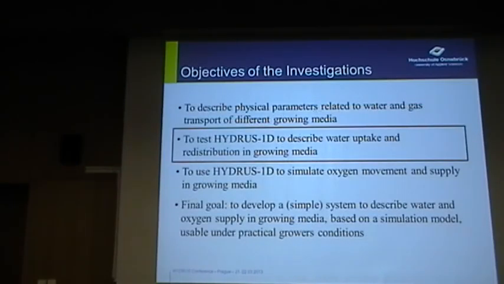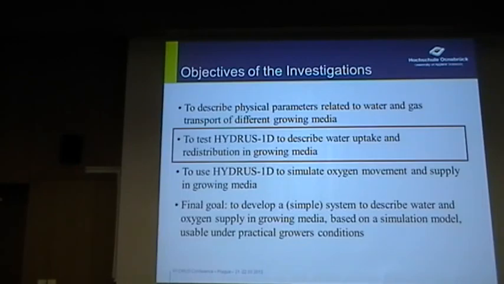Now, the objectives of our investigations in the last years were, first, to describe the physical parameters related to water and gas transport in growing media. We have a wide range of different growing media, with different compositions, different densities, and so on. Then we used Hydrus to describe water uptake and redistribution in growing media.